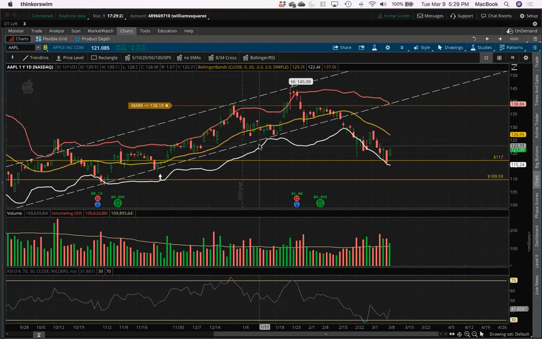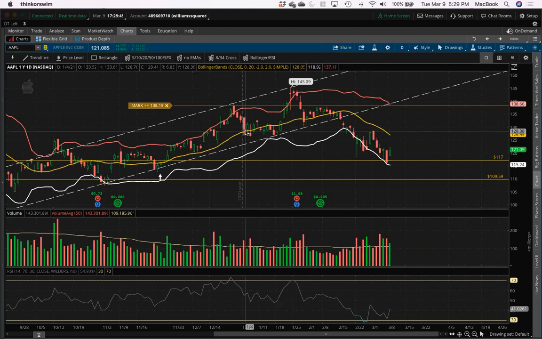That could potentially happen. Or what's a part of your trading plan is you can just say, I think it's going to go back to at least the mean, at least the average, which is the 20 simple moving average. And that would be a play from 135 roughly down to 128.